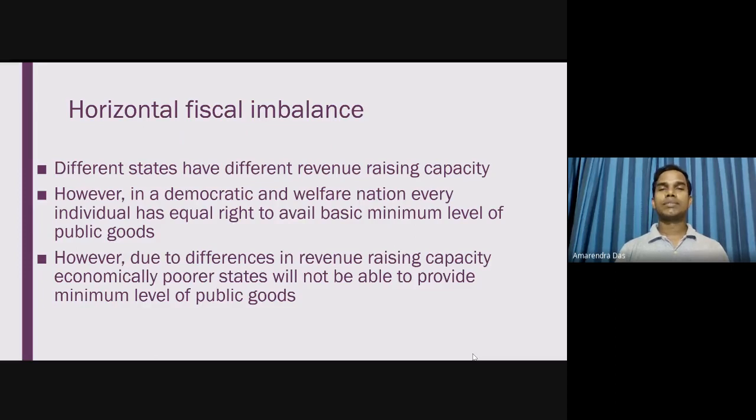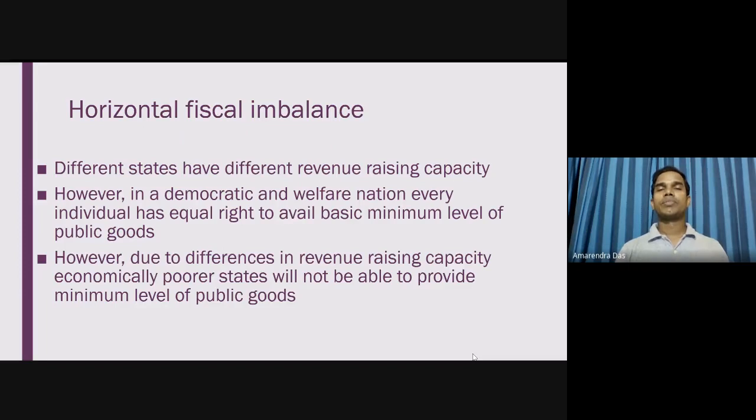So when I say basic minimum level of public goods, it basically refers to safe drinking water, availability of electricity, then education level, then we have health facilities, then roads, infrastructure, all these facilities should be available to all.